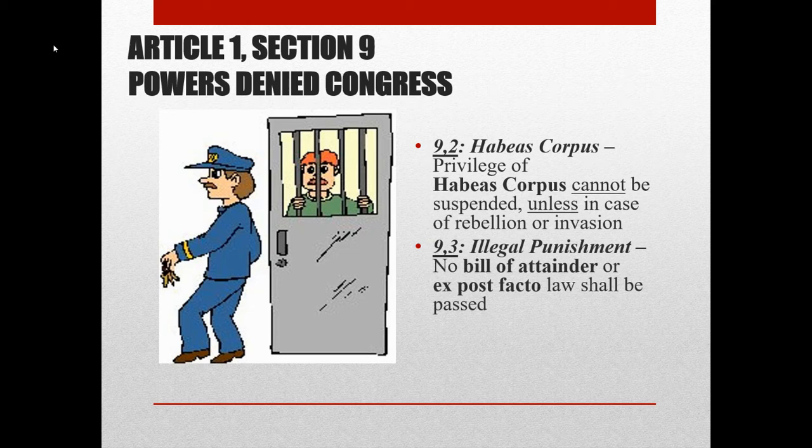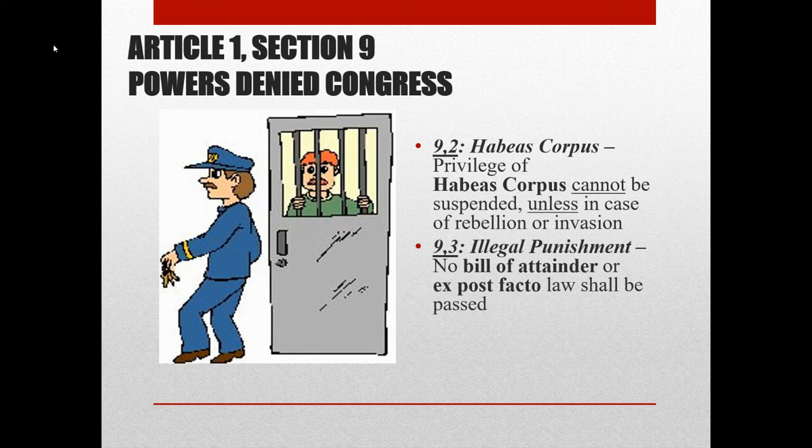But the exception to this, if you read the Constitution very carefully, is that it says it can be suspended. This is an important aspect of habeas corpus to recognize: it can be suspended in a time of rebellion or invasion. So if they could justify this as a rebellion or invasion, and for overall national security and public safety they need to jail you without telling you your charges or bringing you to court, Congress can do that.